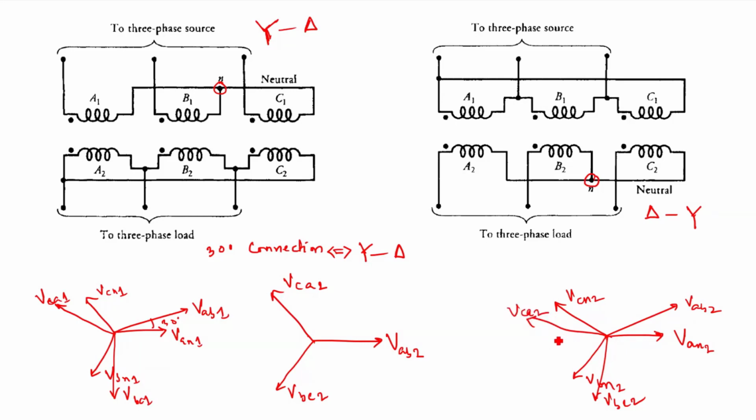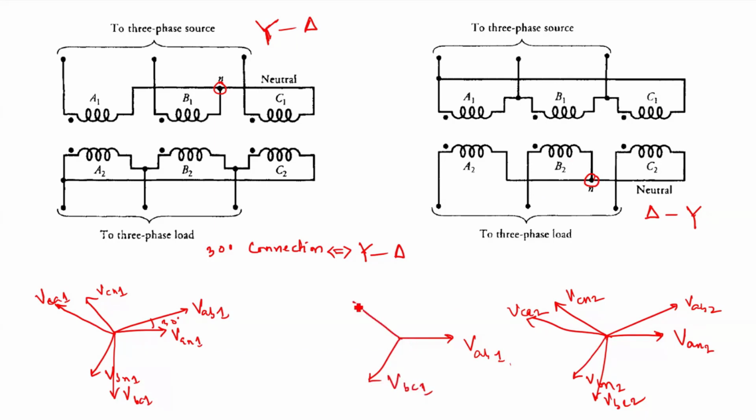Now if we draw the primary side voltages, it will be VAN1, or I can say VAB1, because the phase voltage is equal to the line voltage. So this will be your VBC1, this will be your VCA1.